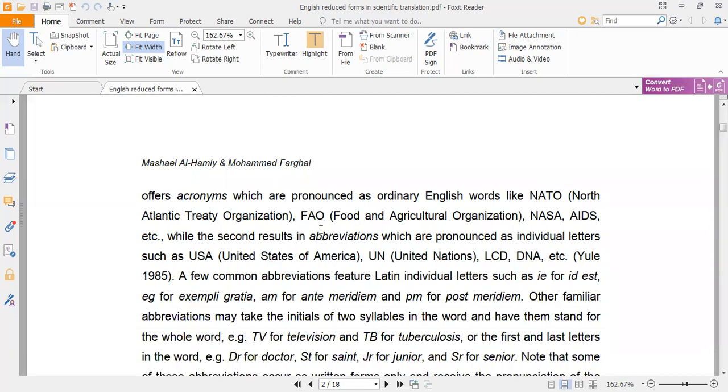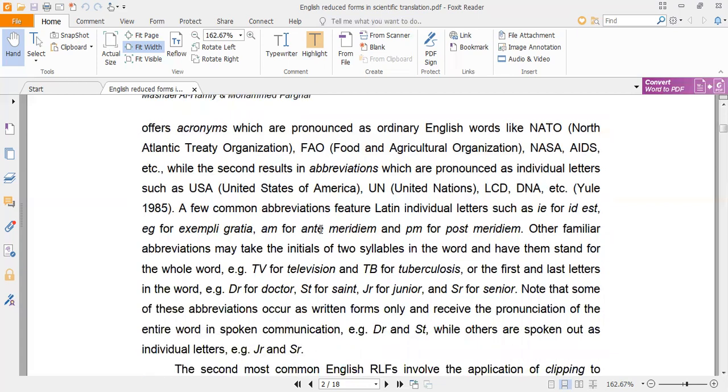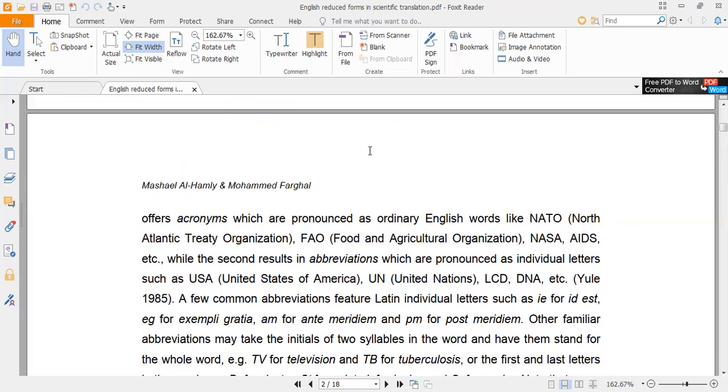Look at FAO, Food and Agricultural Organization, منظمة الغذاء والزراعة. It is also the same. It is reduced. It is shorter than the original phrase. Semantically, they are identical and they refer to the same thing, the same organization.